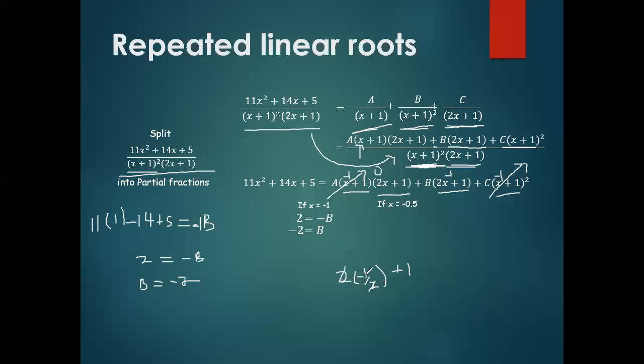So you get minus 1, and minus 1 plus 1 will be 0. That is what is making A equal to 0. And the same way, because B also has the term 2x plus 1, this will also go to 0. So this time around, the only one that will be left will be C. Because A is gone to 0 and B is also going to 0. So let's do that calculation and see.